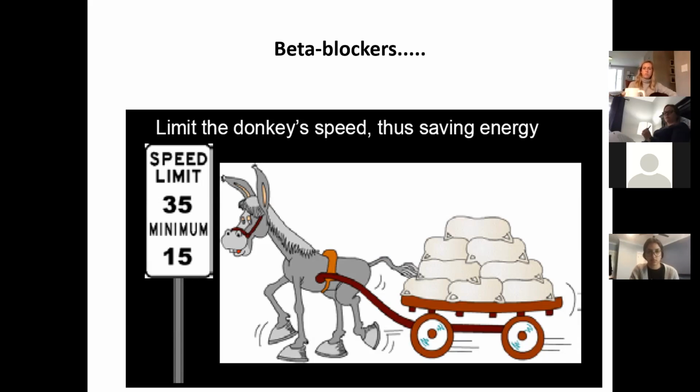It takes away some of the compensatory mechanisms within our body, and it conserves energy. So the patient starts to feel a little better. So dry them out, add beta blockers. That's one of the first drugs that we will use in heart failure patients besides diuretics. So diuretics are just a given.